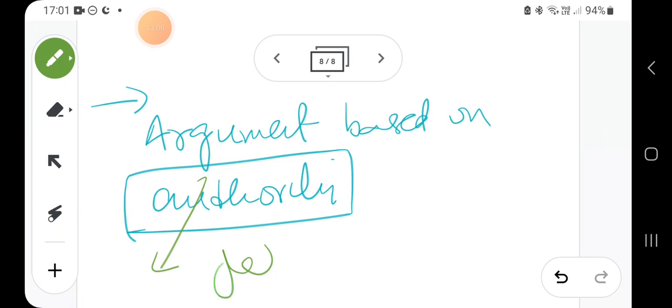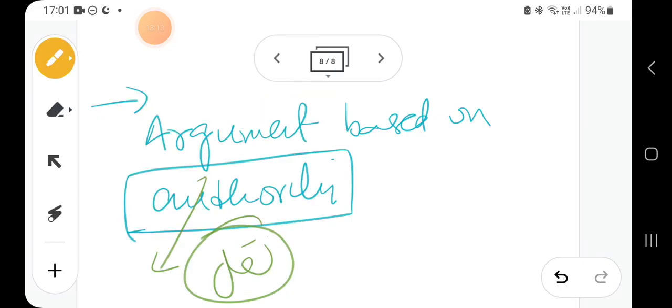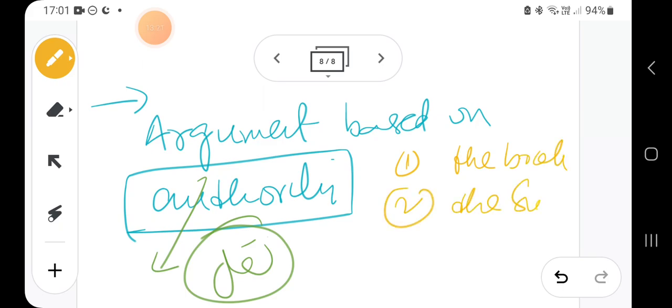I think I should try to find out if there is any other appropriate English word they use for naql. So there are three: the book, the Sunnah of the Prophet, and three, consensus.